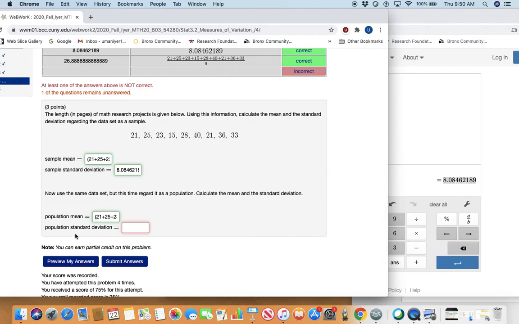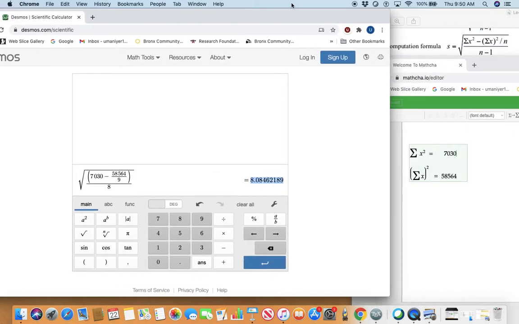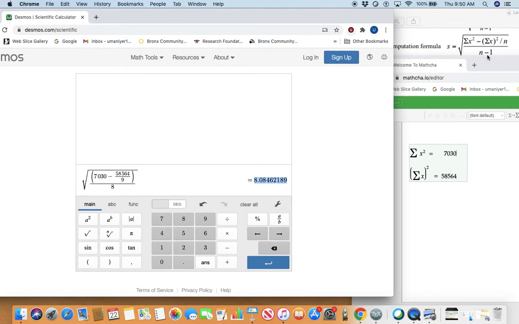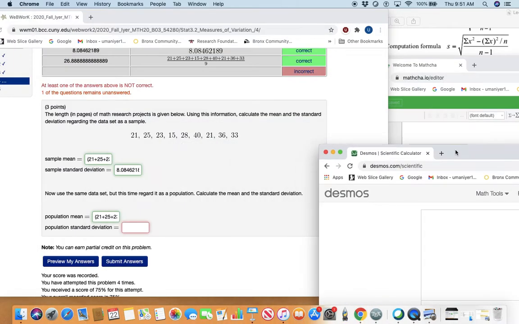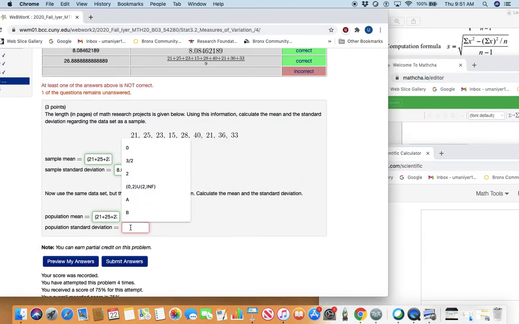For the population standard deviation, how is the formula different? It is no longer n minus 1, it is simply n. So I no longer have an 8, I have a 9 here. Everything else is the same. So that goes here.